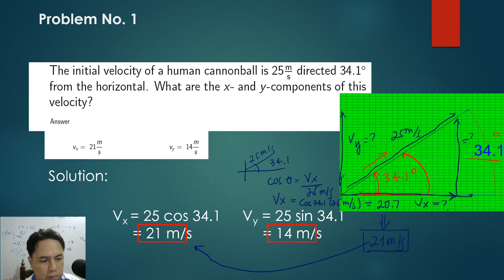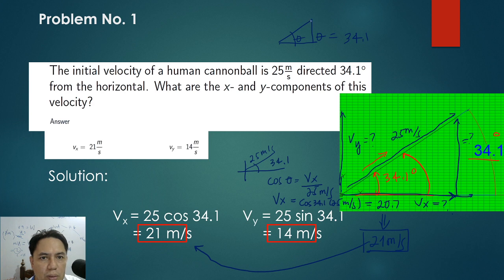Okay, what function are we going to use if we are given the resultant and we are asked to find the vertical, and we have this angle? So this angle is theta, 34.1.